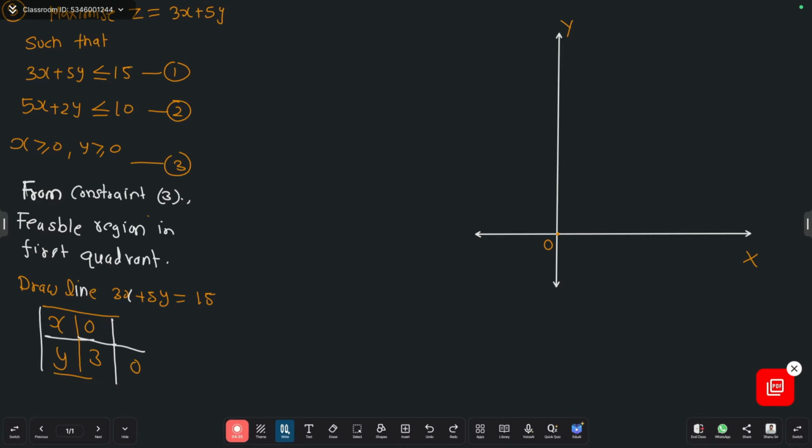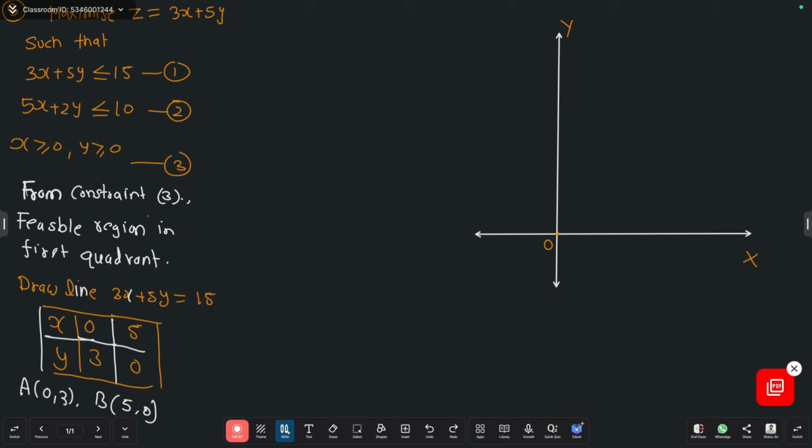Whenever y is 0, what is x? x is 5. So from here we are getting 2 points: A point is 0, 3 and B point is 5, 0.